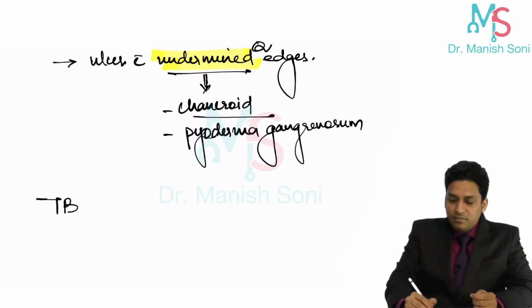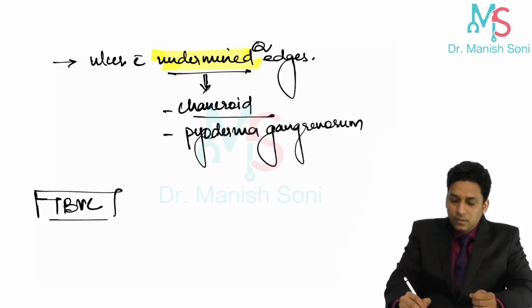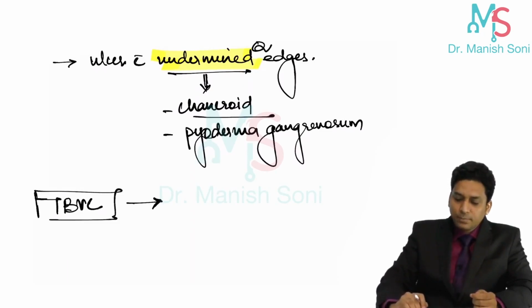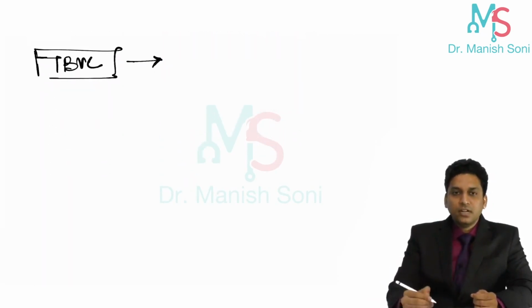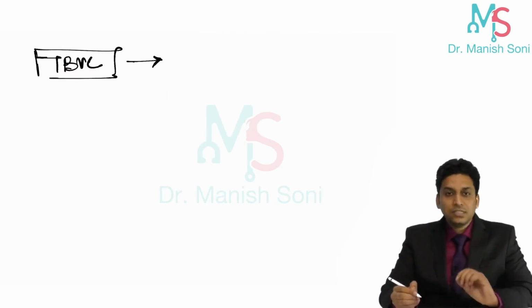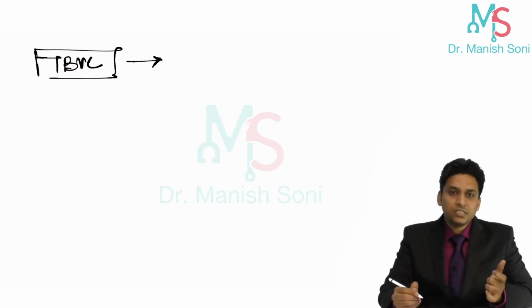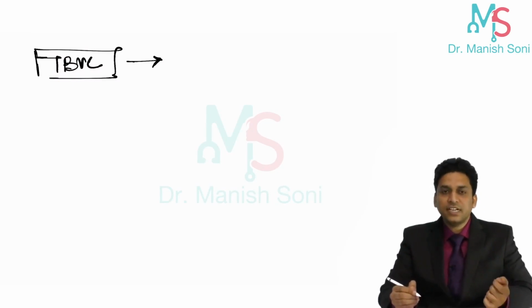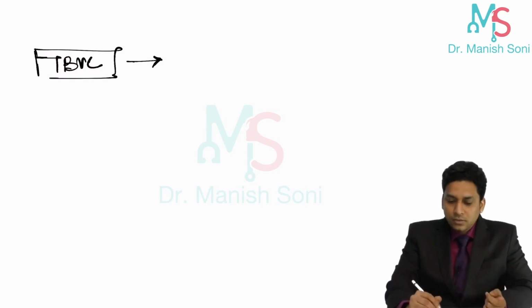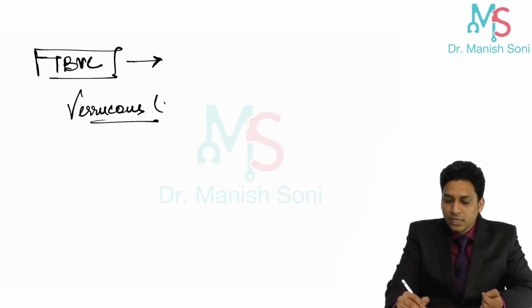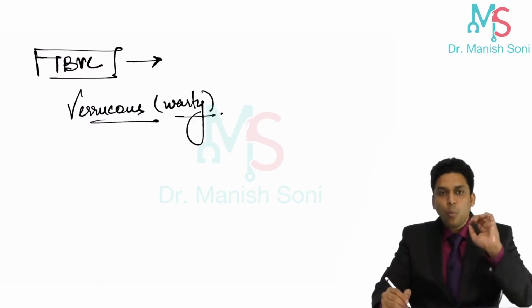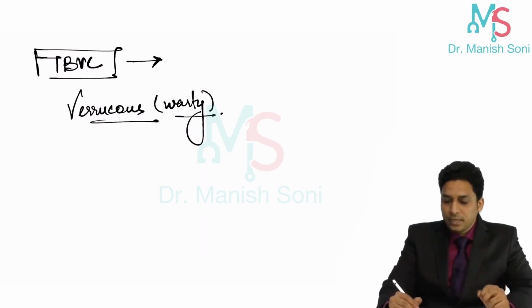Next is TBVC, also known as anatomist wart. You can write down TBVC, that is tuberculosis verrucosa cutis. It is quite obvious from the name itself that the lesions are verrucous. Verrucous is the term used for warty lesions, so they are wart-like.